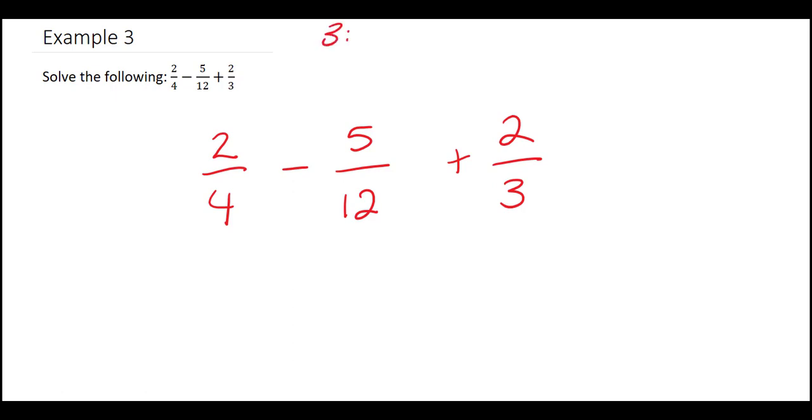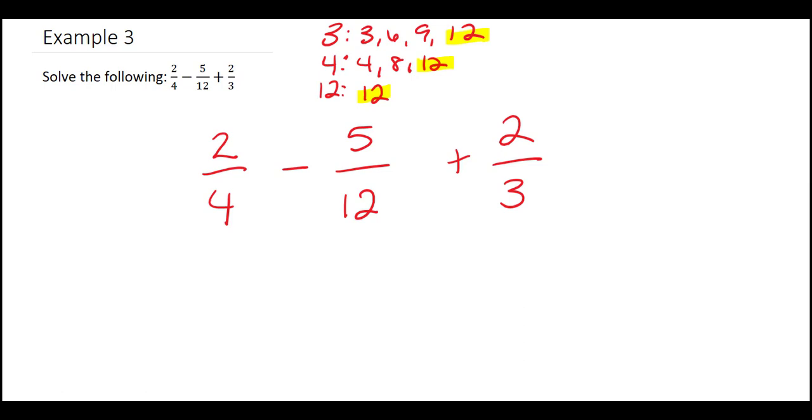Looking at these, 3, 6, 9, 12, and 4, 8, 12, and 12 is just starting out with 12. Our least common denominator, or least common multiple, is going to be 12.